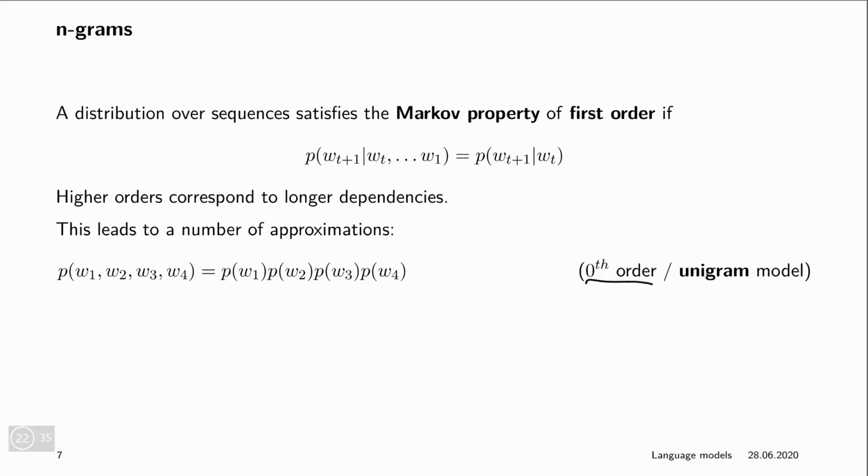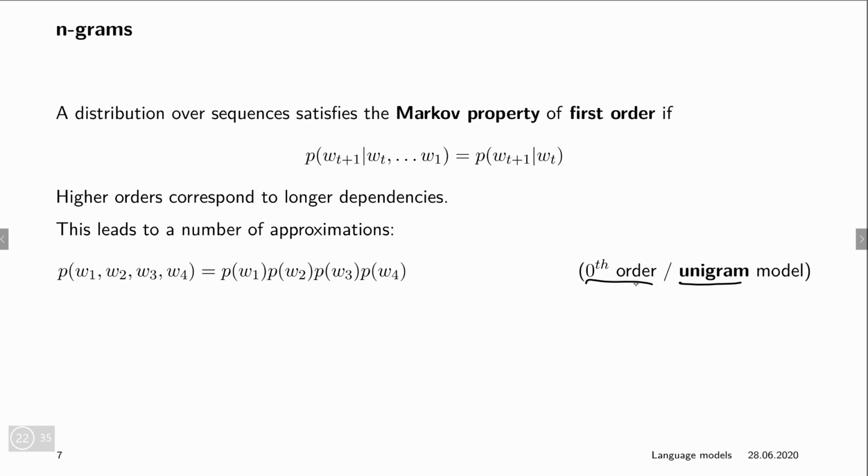So assume we use a 0th order Markov assumption, which corresponds to a unigram model, then the probability of the sequence W1, W2, W3, W4 would just be given by the product of the marginal word probabilities, because the conditional distribution of W4 conditioned on W3, W2, and W1, for example, equals just the marginal, because we assume that in a 0th order Markov model, W4 is independent of everything before it.